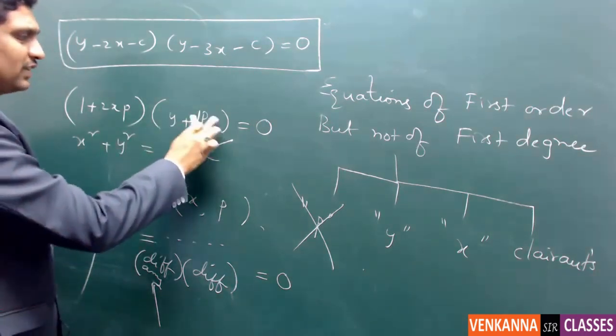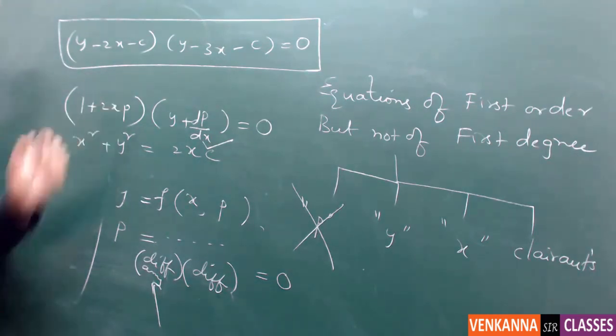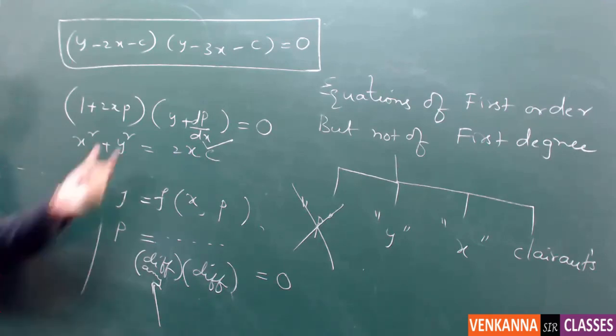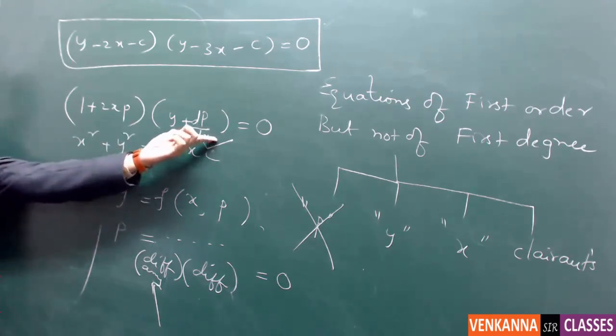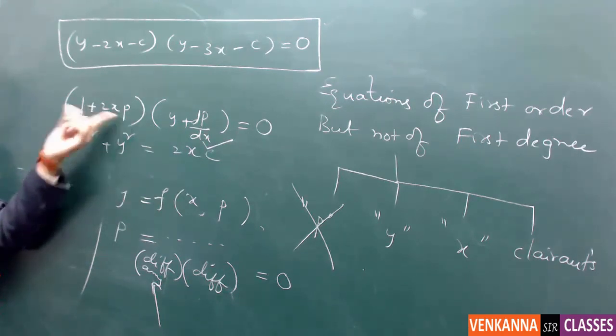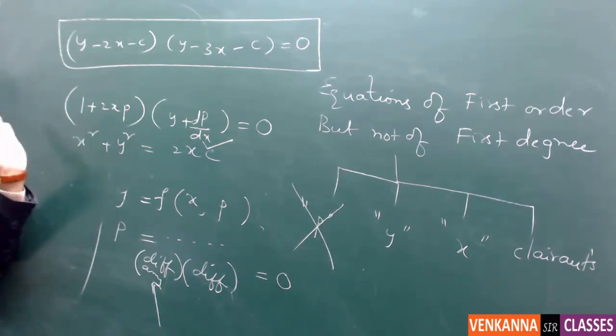You take this thing for convenience. So (1 plus 2xp) into (y plus dp by dx) equal to 0. This contains the differential dp by dx. The other factor won't contain any differential. It is simply 1 plus 2xp equal to 0. From this, p is equal to minus 1 by 2x. You have achieved the value of p straight away.